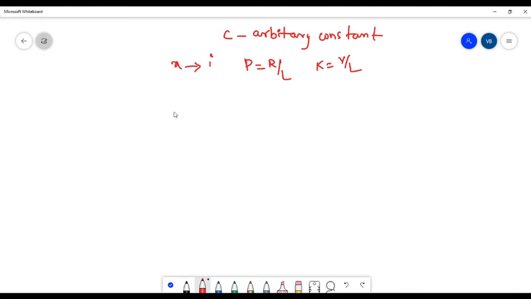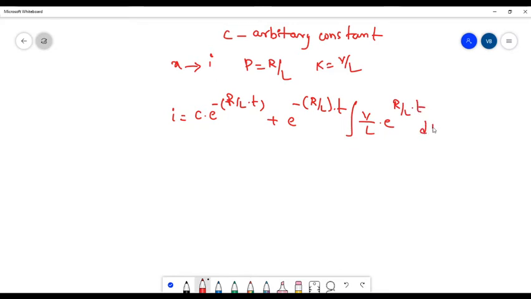I equals c into e power minus R by L into t plus e power minus R by L into t integration of V by L, that is k, into e power pt, that is R by L into t, dt.